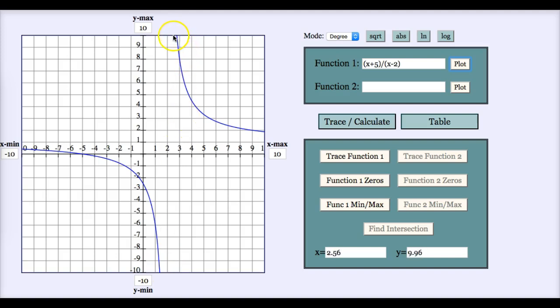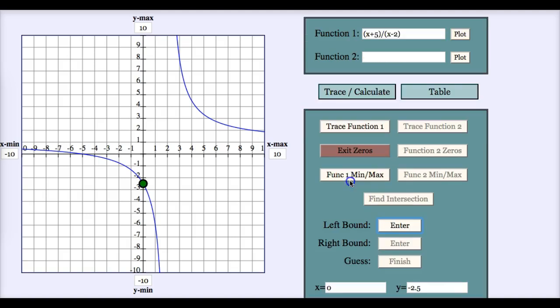After 2, everything becomes positive, and it doesn't look like I'm going to cross my x-axis again. But when x is less than 2, then my function's getting more and more negative. And that's because of this asymptote, because that's where I'm going to get a 0 in my denominator.